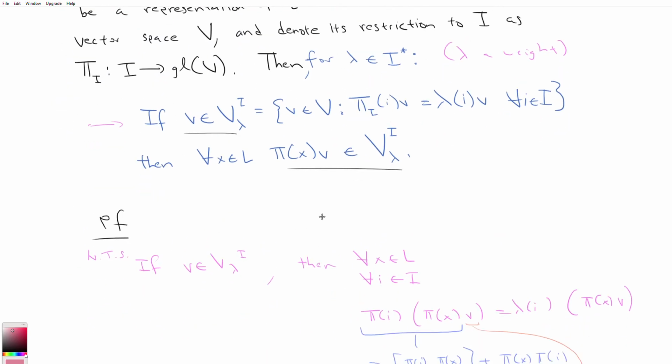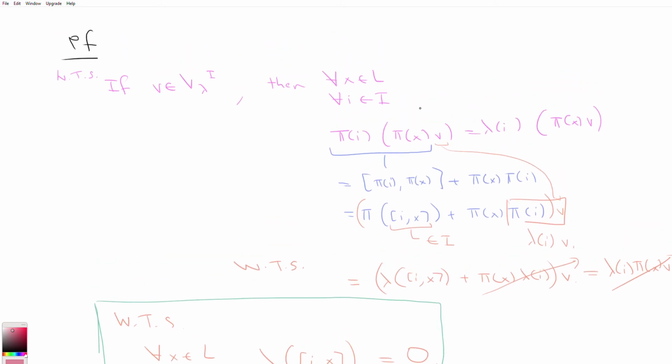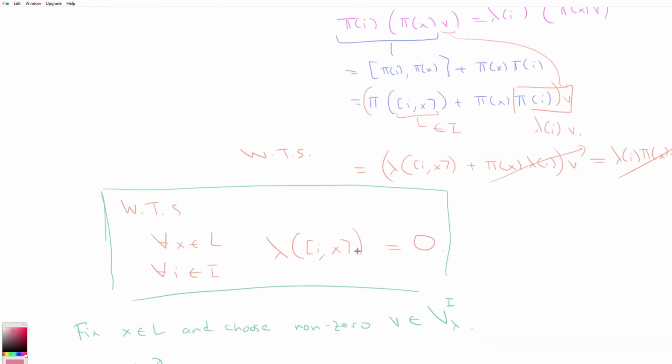And so we reformulated this as a new condition. We want to say that lambda of any commutator with something in the ideal and with something in the Lie algebra must give 0. That this commutator must map to 0.